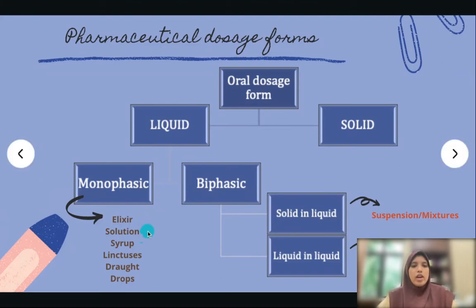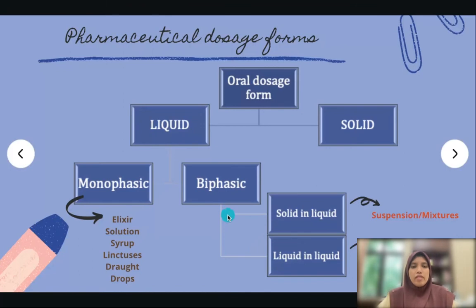We have elixir, linctus, draught, drops, and syrups. What are the differences between these dosage forms? We will discuss a bit after this, but if you want to know more, I would strongly suggest you look for it and read a bit more on the differences between these six preparations.